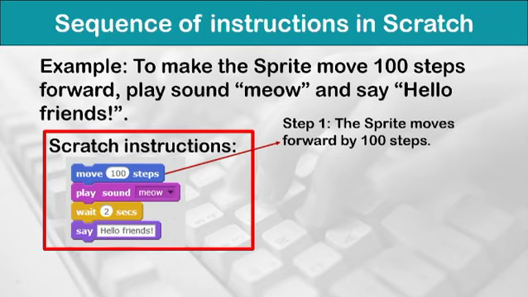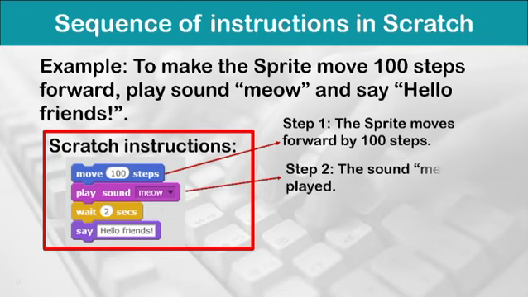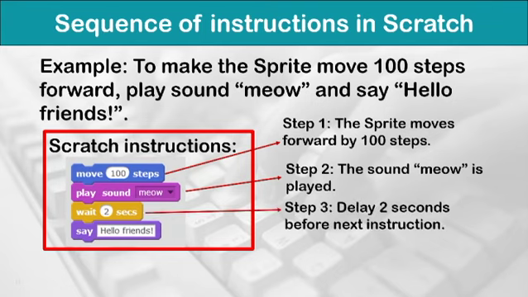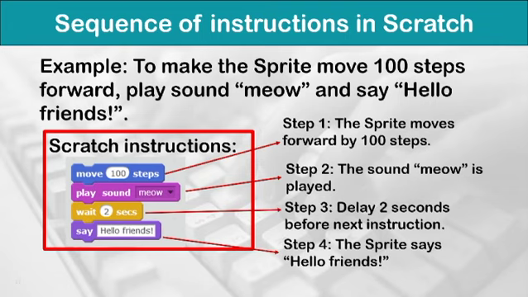The sprite moves forward by 100 steps. Step 2. The sound meow is played. Step 3. Delay 2 seconds before carrying out next instruction. And step 4. The sprite says hello friends.